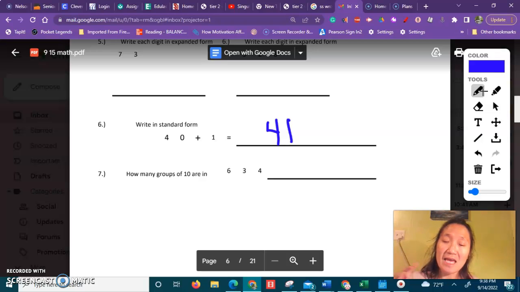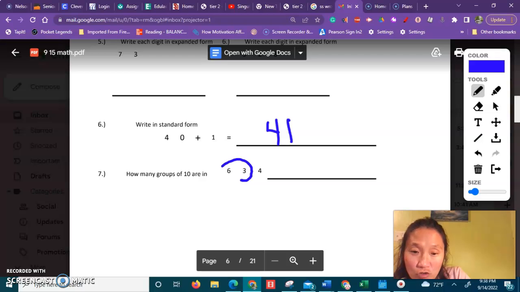Okay? And again, it's asking me, look at this. How many groups of 10 are there in 634? We've done this before. It's asking you about the tens place. How many tens? So I underline the 3 and I circle everything in front of it.